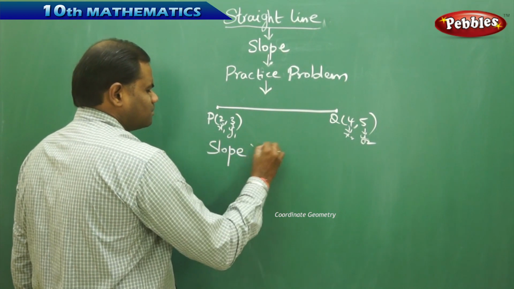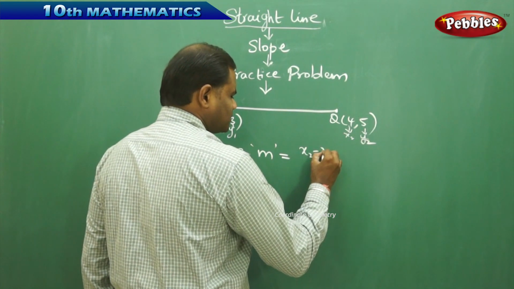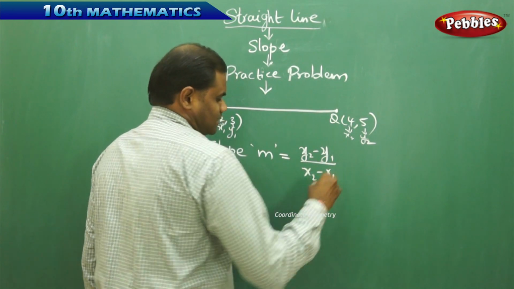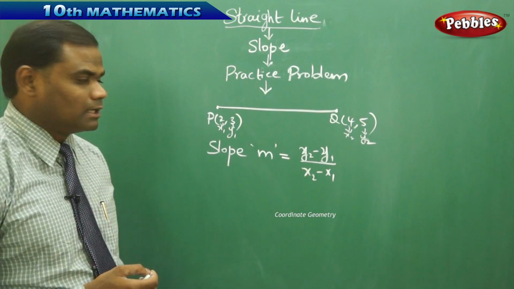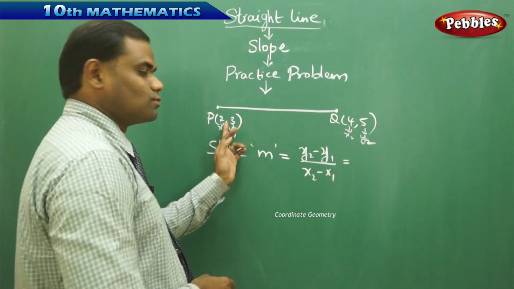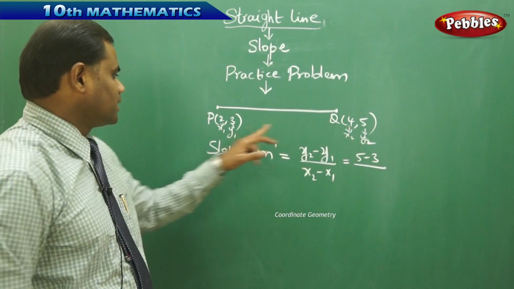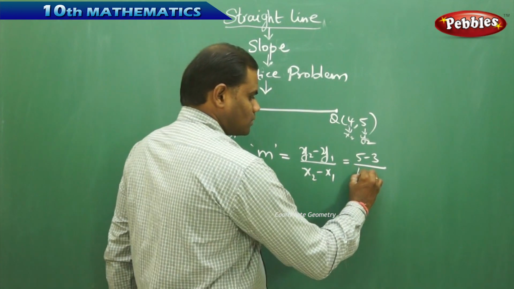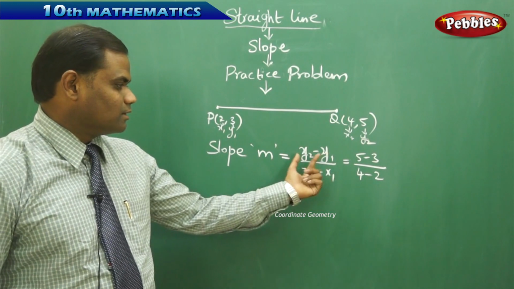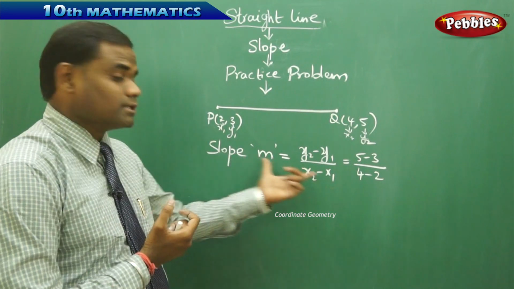slope, generally denoted by m, given by the formula change in y by change in x. On substitution of y2 and y1, this reduces to 5 minus 3 by x2, which is 4, and x1, so 4 minus 2 comes in the denominator. This is how we substitute the values of x1, y1 and x2, y2 correspondingly to find the slope using this formula.